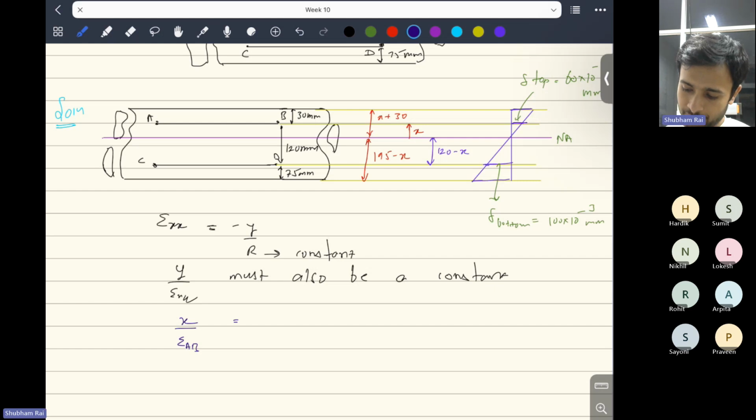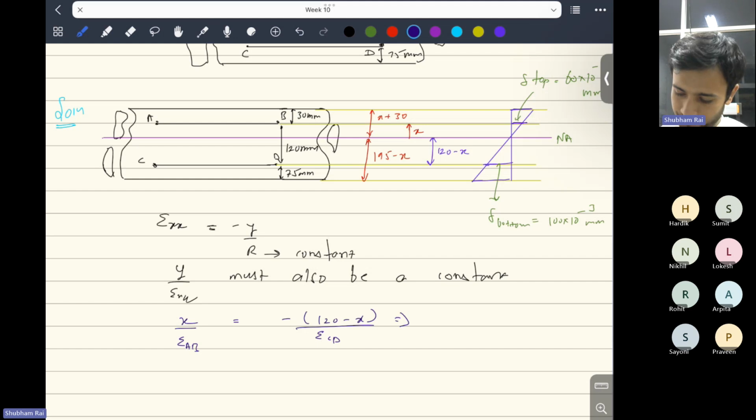And for the bottom fiber, what will be this? So the distance of bottom fiber will be minus of 120 minus x, right? And then divide by epsilon CD. So this is the strain in the bottom fiber. Now, if you solve this equation, what will you get?